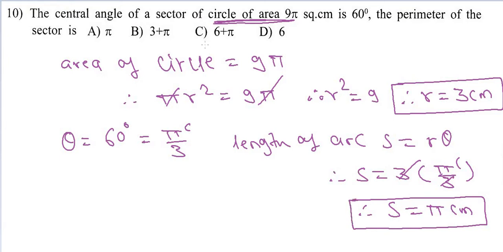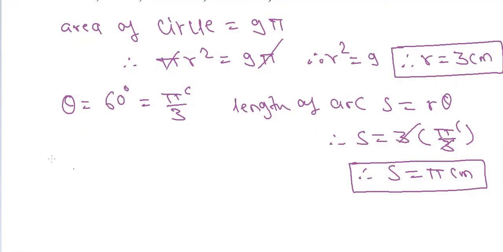Okay. Now let us try to find out the perimeter of the sector. If this is the sector, then we need to find the total length covered by the sector.